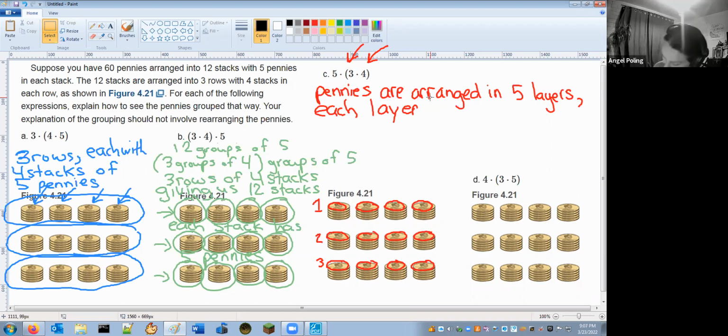I don't like it, right? But what we have is each layer has three rows of 4 pennies.